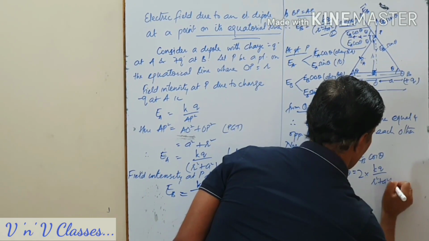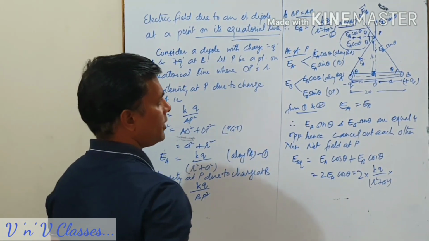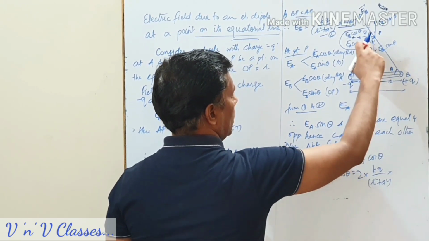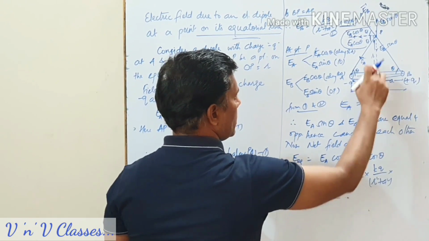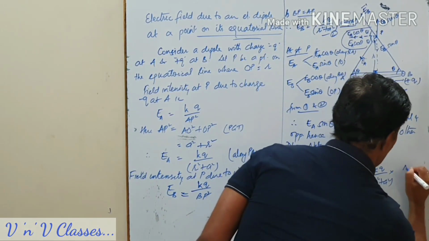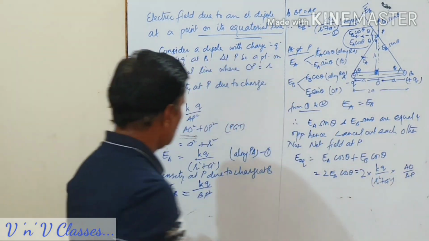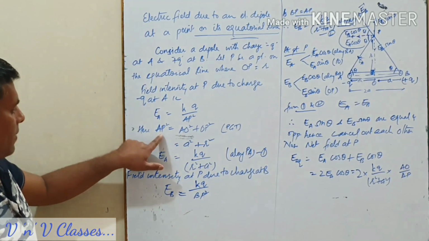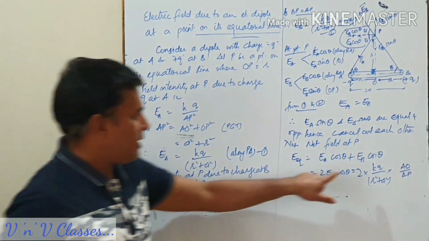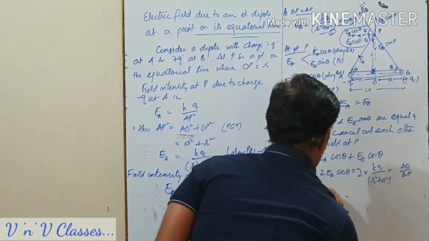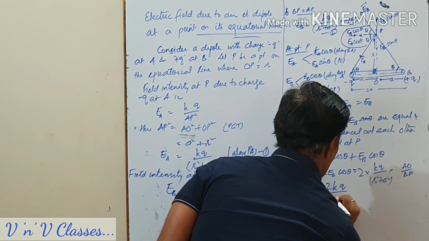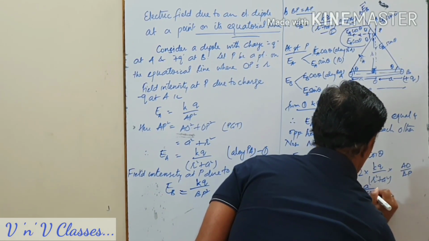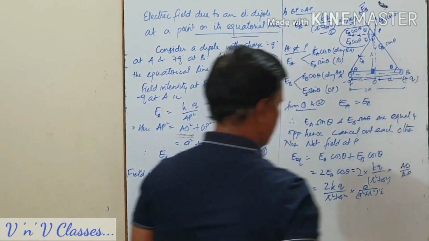KQ upon R square plus A square. And how much is cos theta? From this diagram you can see that cos theta must be equal to A upon this distance, so we can write it as AO upon AP. Now we had got AP square as A square plus R square. So AP will be its square root and AO is A. So this gives us twice of KQ upon R square plus A square into A upon A square plus R square to power half.